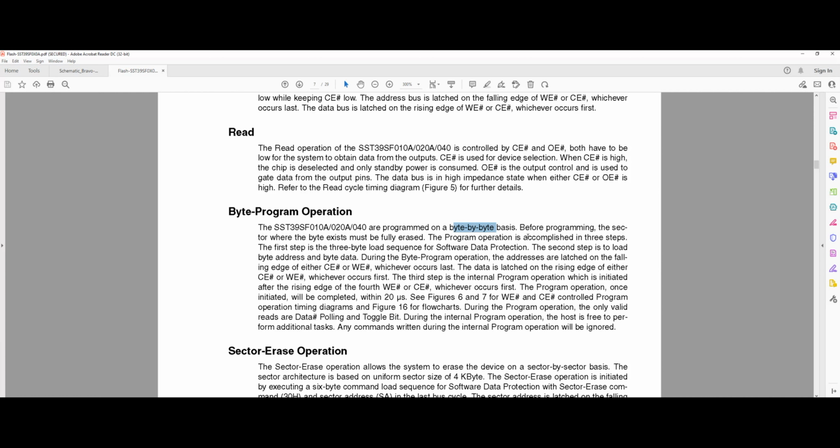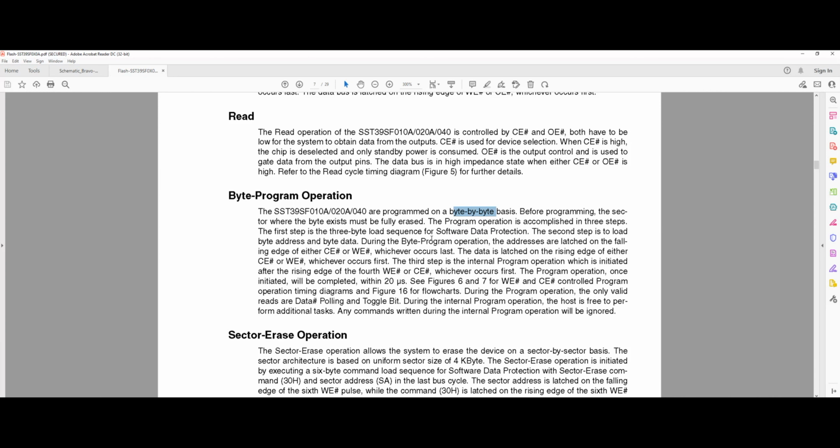Another important thing here is that before programming any byte, the sector where the byte is going to exist must be fully erased, as you can see here in the documentation. So that means that we have a concept of sector and some sort of division inside these flash memory chips. And if you read more, you see that the program operation is accomplished in 3 steps.